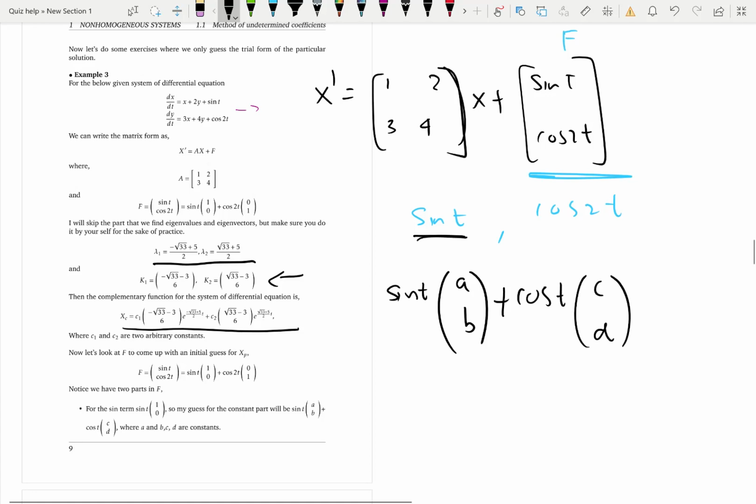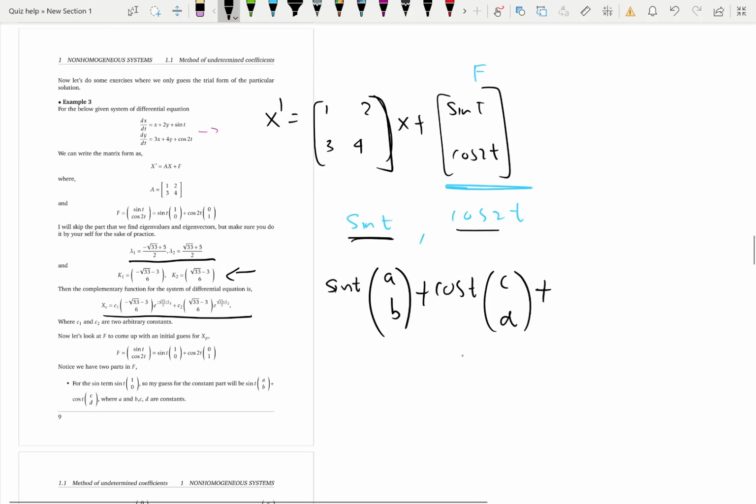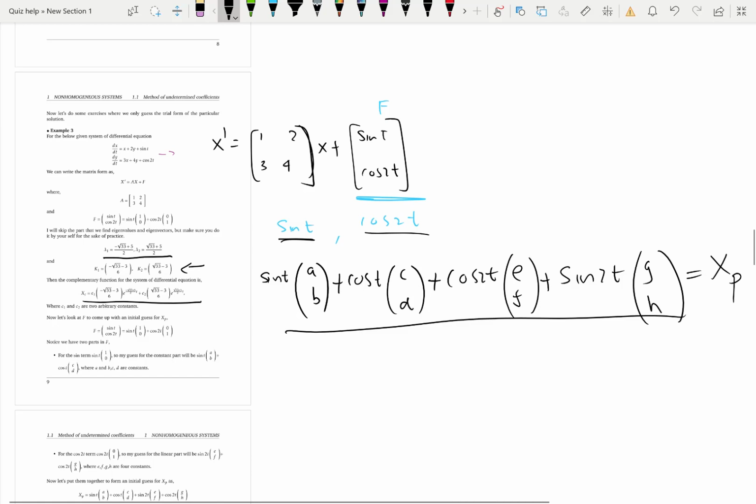It's the same rules, it's just that we have vectors now. Plus cosine 2t times a vector e f, plus now we have to account for sine 2t also, so g h. So A, B, C, D, E, F, G, H are all constants to be determined, like capital A, B, C in chapter 4. So this is our initial guess for the particular solution.